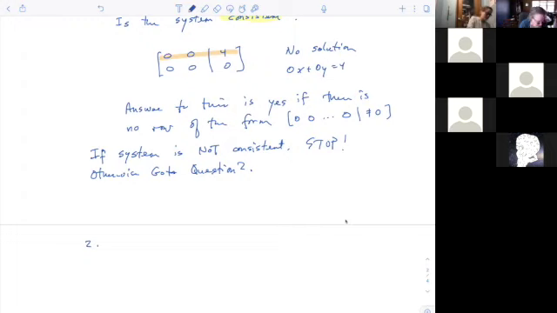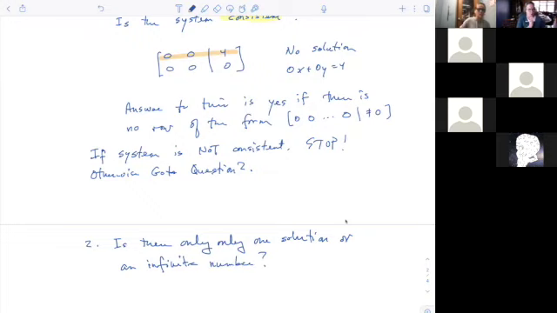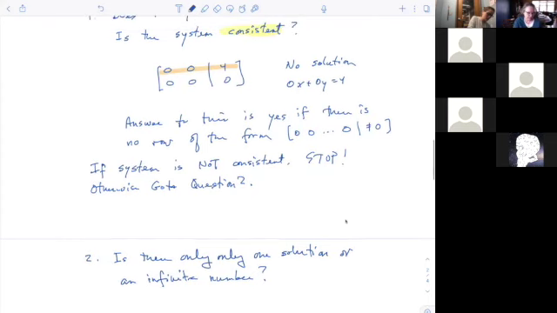And question 2 is, is there only one solution or an infinite number? Okay, and to answer that question, you also look at the matrix.